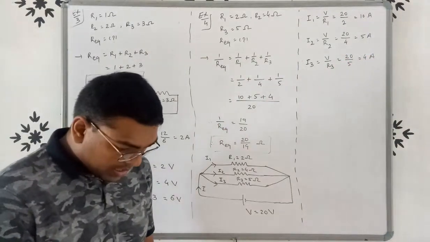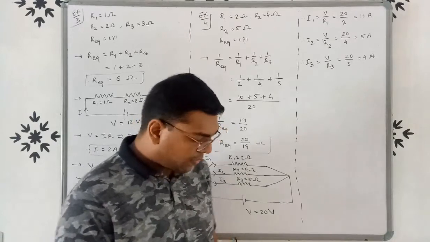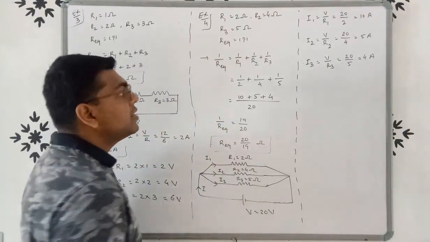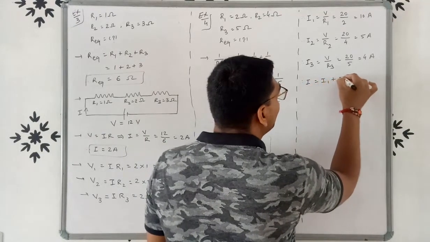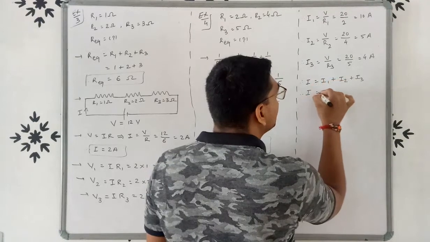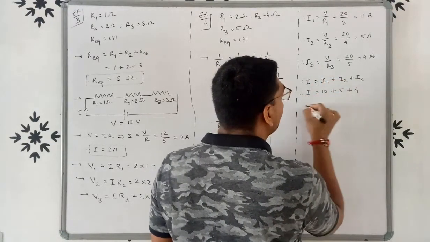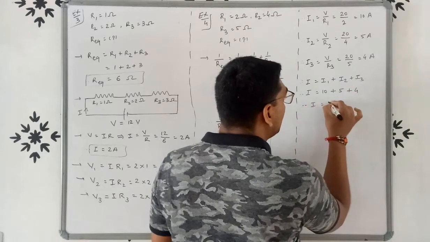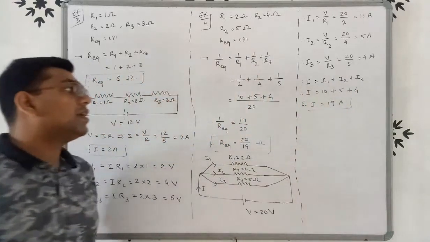Now here in this example we have to find out the total current drawn from the battery. So total current drawn from the battery, I is equal to I1 plus I2 plus I3. So I is equal to value of I1 10, I2 5 plus I3 4. So total current drawn from the battery is 19 ampere.